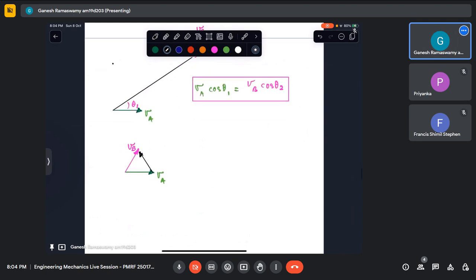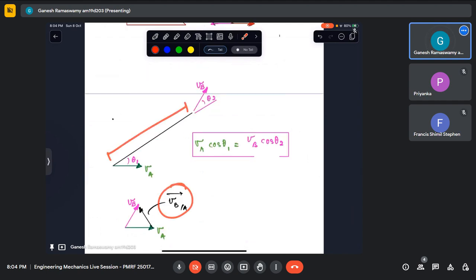So if you can find out this vector, let us say B with respect to A, by our normal resultant, you know this angle, and you know these two magnitudes. By applying the cosine rule, you can easily calculate this. Once you calculate this, this divided by the length will give you omega of this bar, of this link.